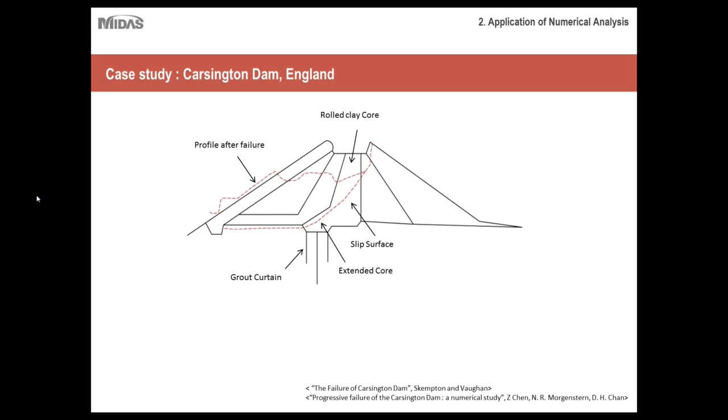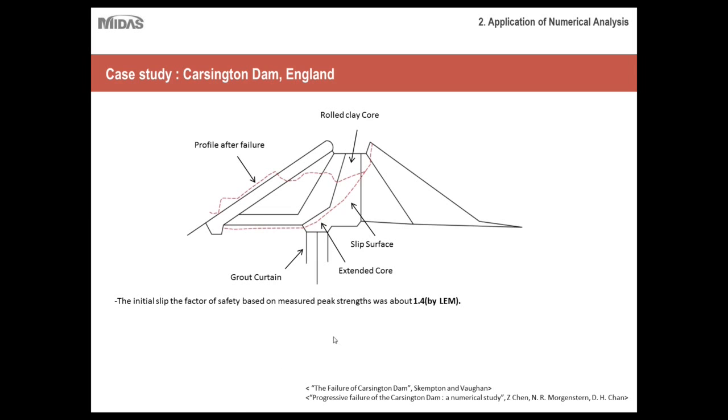Okay, so let's do a quick case study. This is an image of the Carsington Dam in England. The reason I'm discussing this particular case study is because it's a breakthrough project for finite element modeling. The Carsington Dam was built, or was analyzed, in 1984, but it also failed that same year.